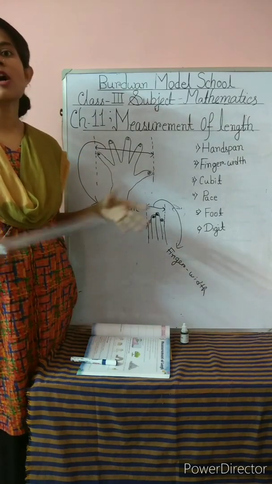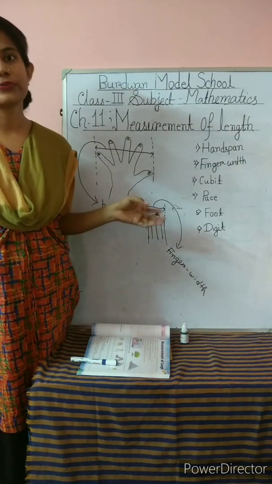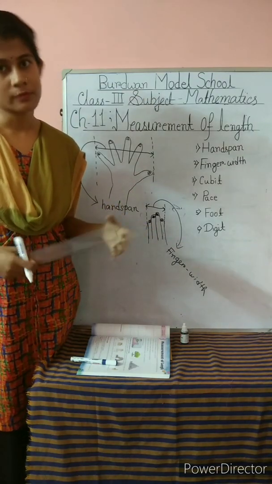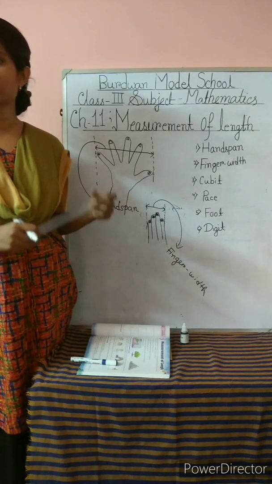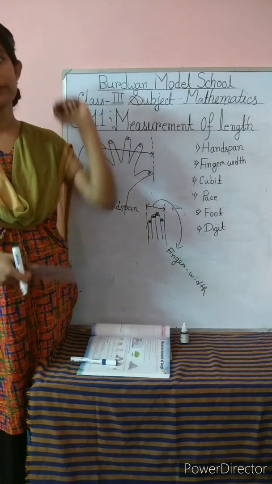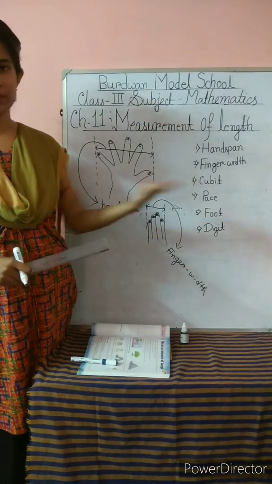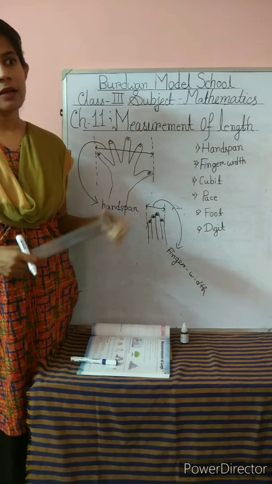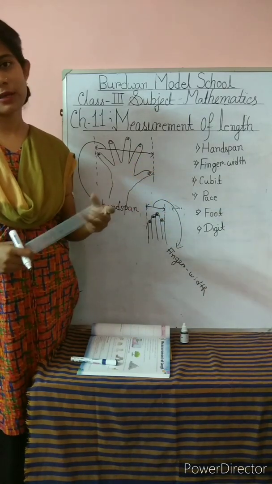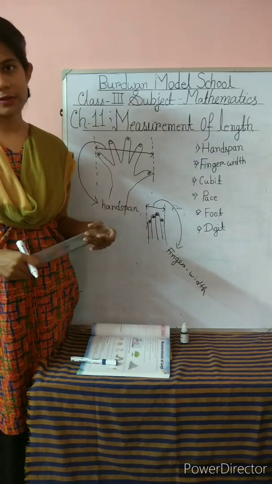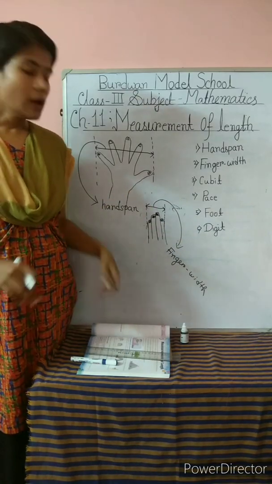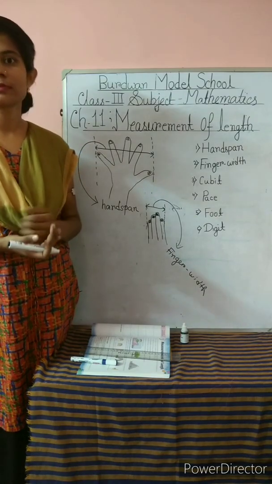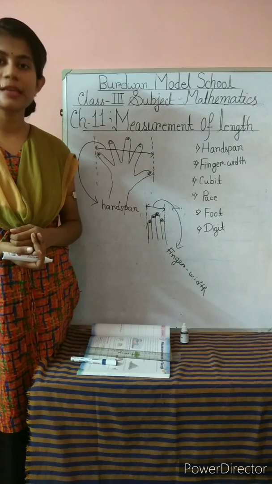And for measuring longer lengths, like the length of a river, the length of the Ganga, obviously we use kilometer because it's so long. It starts from the Himalaya, and in our Bardwan also you can see a part of the Ganga river. Now the distance between Bardwan and Kolkata is measured in kilometers, isn't it?